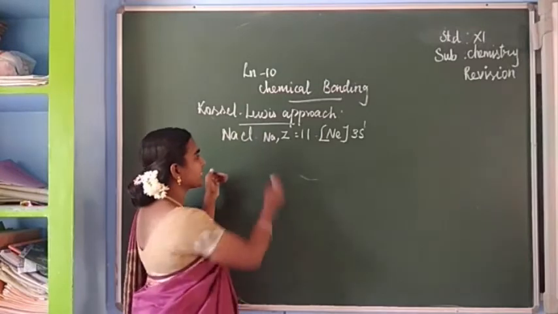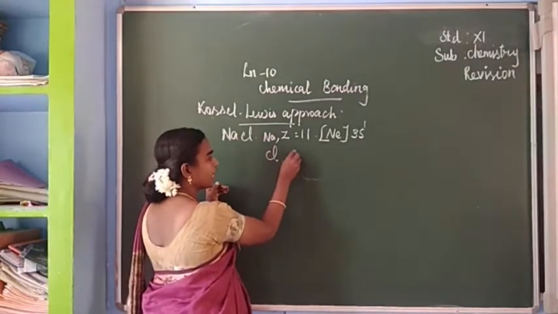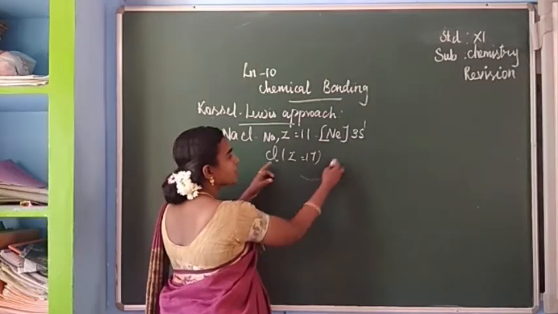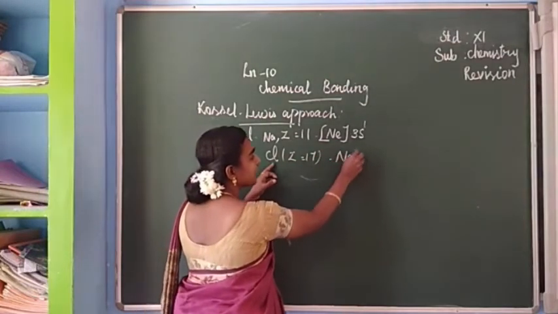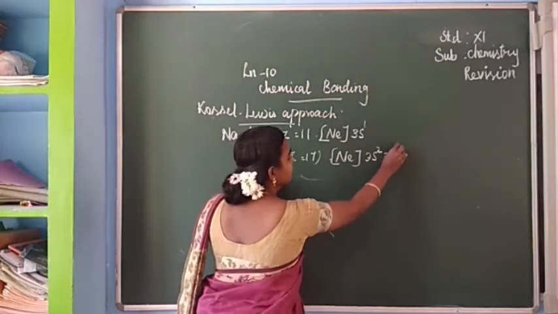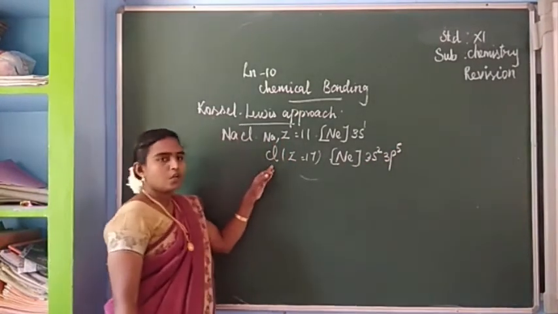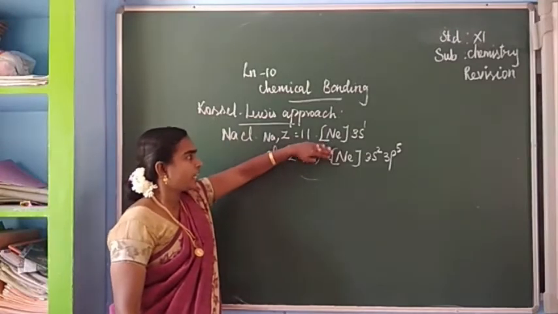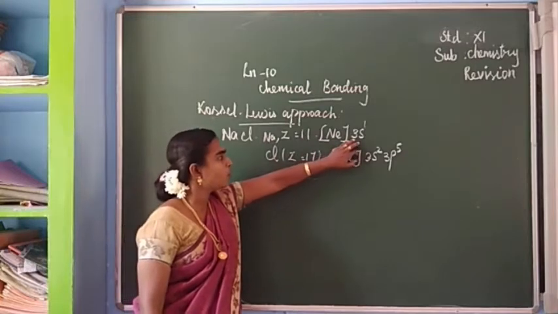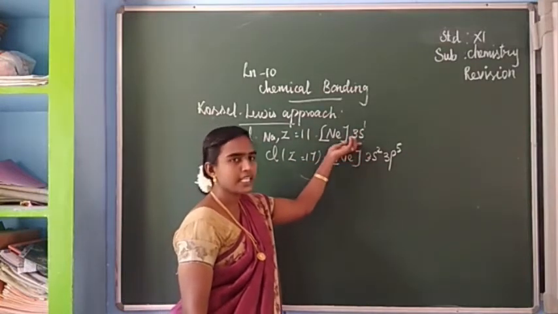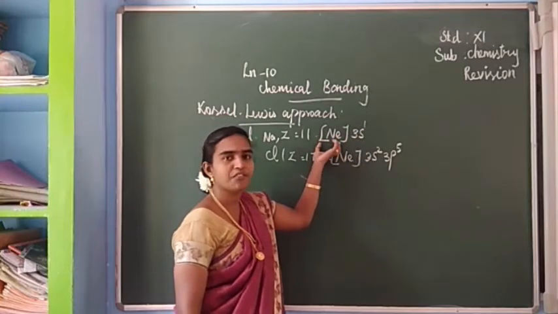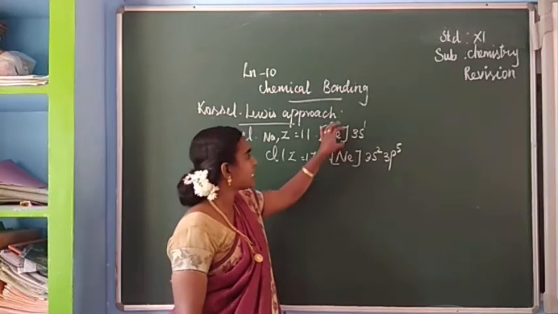Then the electronic configuration for the chlorine atom, Z equals 17: neon 3s2 3p5. When an atom becomes inert, it means that when you remove the one electron from the 3s orbital in the sodium atom, it gets the electronic configuration of the noble gas neon, isn't it?